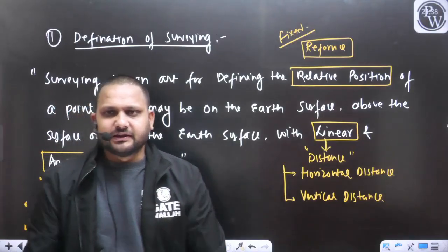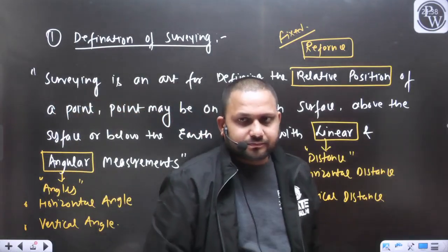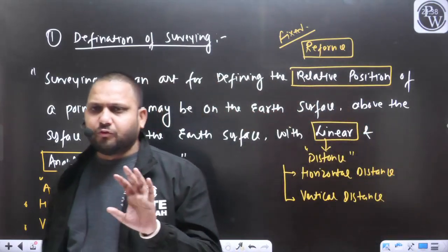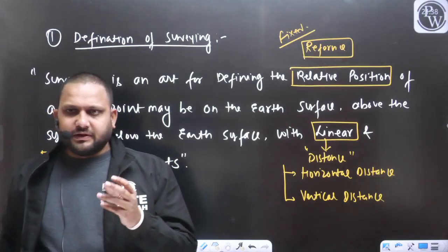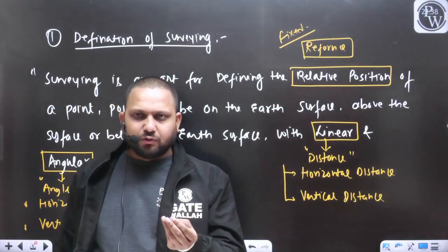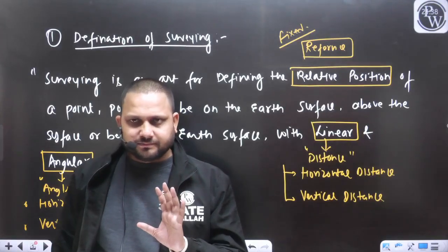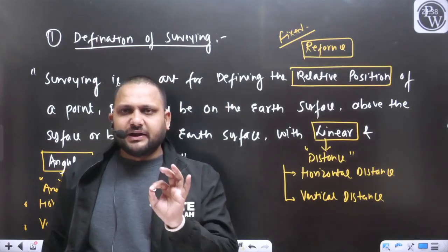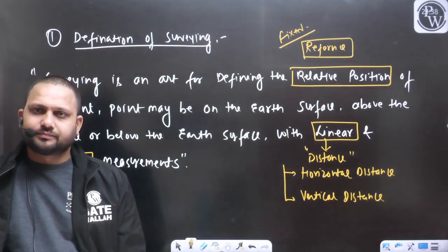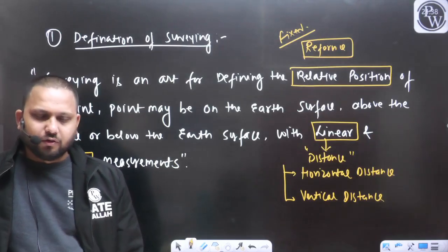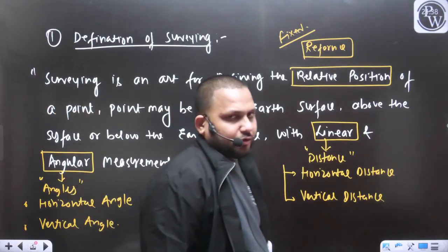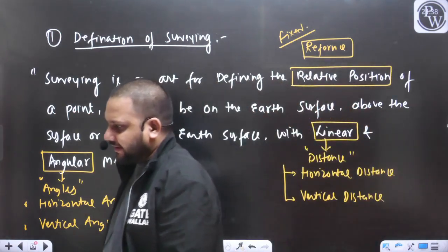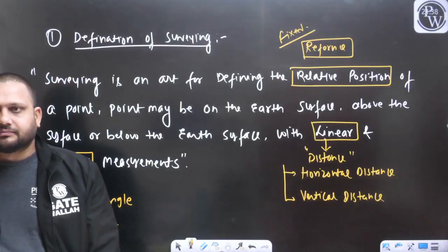We know about the distance. If there are two fixed points, the linear measurement between those points will be known as the distance. Yes or no? But how can you define the horizontal distance, the vertical distance, the horizontal angle, the vertical angle?